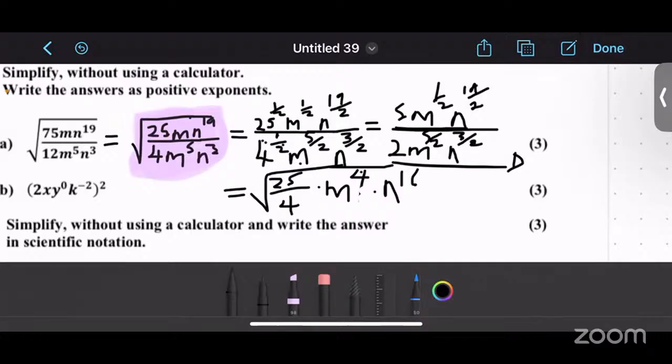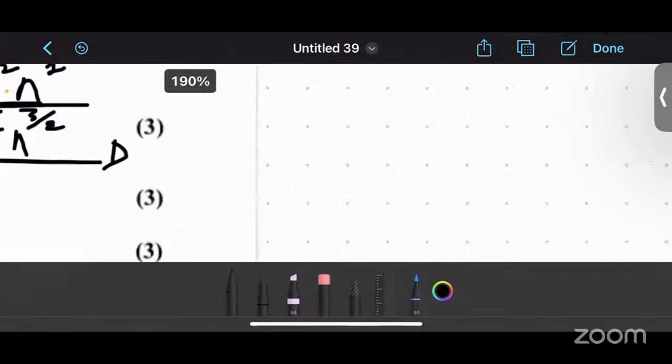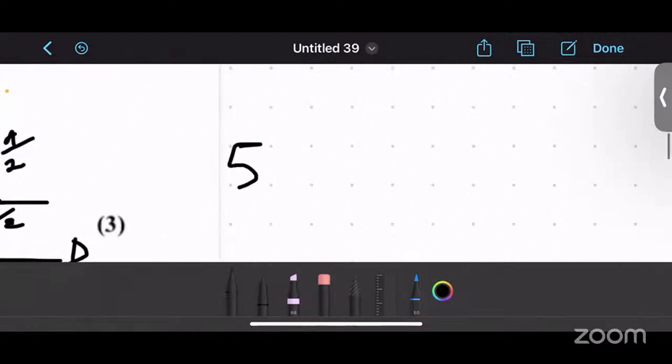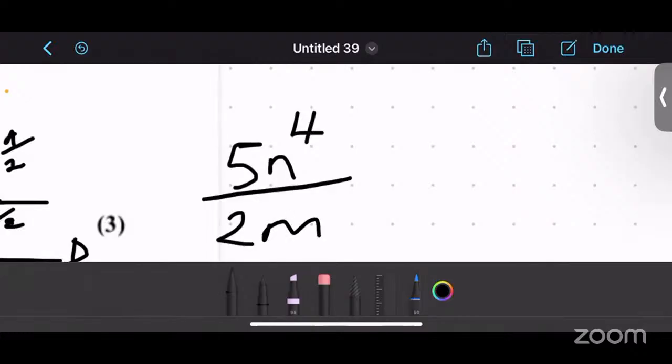That's how I wrote it. That's your final answer, right? Let me write it here on the side. 5n to the 4 over 2m squared.